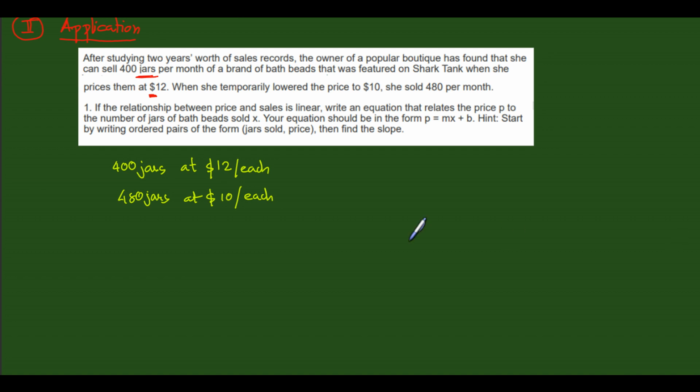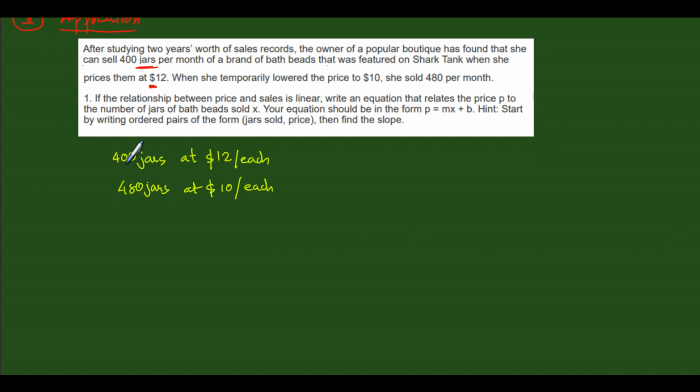All right. So this is the two quantities in the equation, because in the first question, they're asking you to find the equation if the relation between the price and the sales is linear. So this information is also important. It's linear. Write the equation relating the price P to the number of yards.